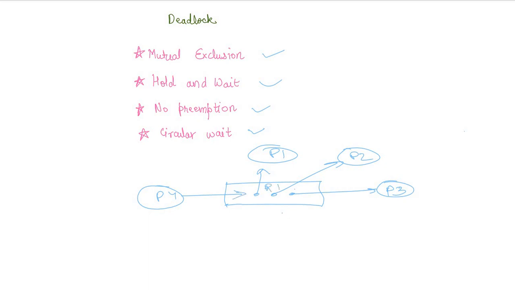Let's say this resource is R1 and P4 is waiting for this resource to respond. So this is how we will represent a resource allocation graph in which one of the resources has multiple instances.